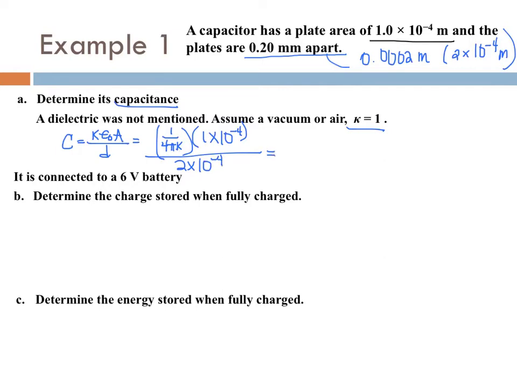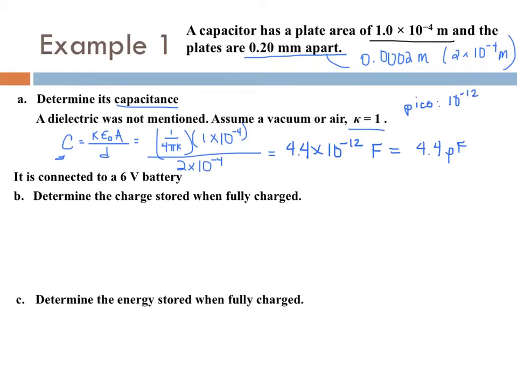Put that in your calculator, and you get 4.4 times 10 to the negative 12. Now, since we are solving for capacitance, that's in units of farads. Or you could also rewrite this as 4.4 picofarads, which is 10 to the negative 12.